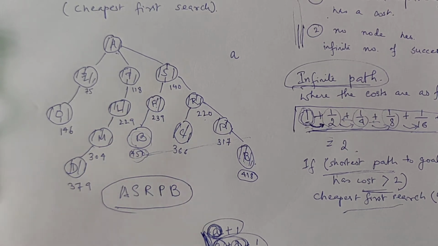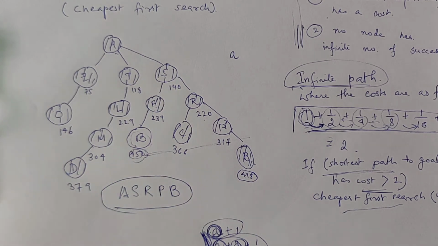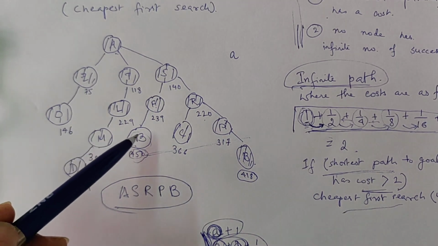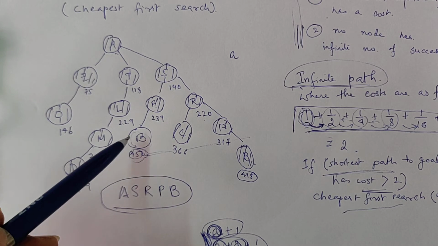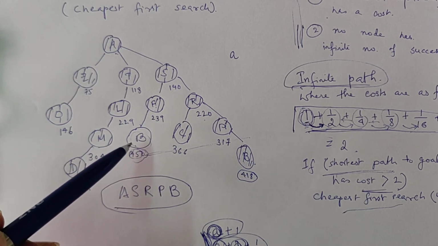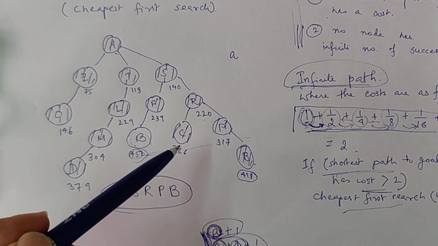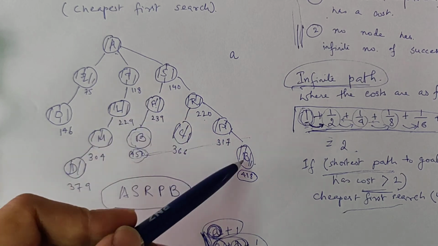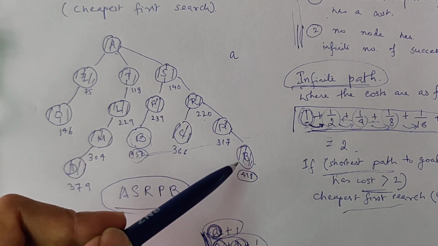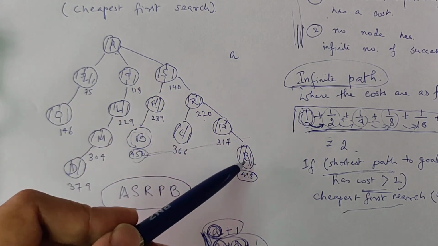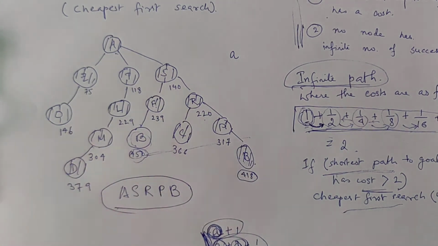So the strategy is to take off from the frontier the paths in order of their path cost from the start node. So accordingly, even when we got B in our frontier at this level, we didn't stop. We followed the UCS strategy and we ultimately got another path to the goal node, which was at a least cost.